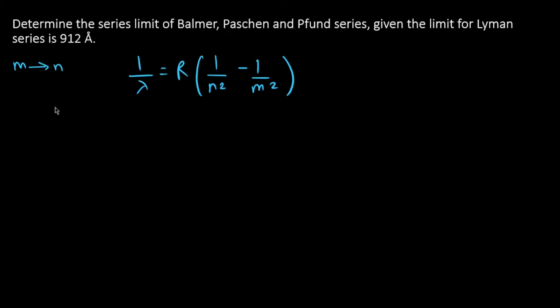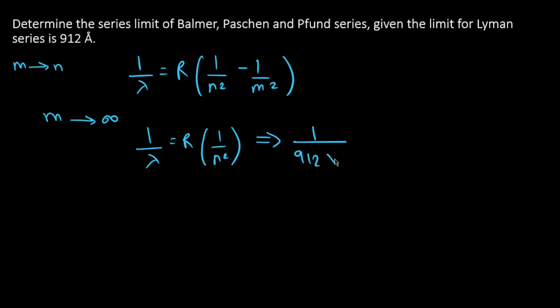In order to get the series limit, we need to put m as infinity. So the formula becomes 1 by lambda equal to R into 1 by n square. For Lyman series, the series limit is given by 912 Angstrom. Therefore, 1 upon 912 into 10 raised to minus 10 meters will be equal to R into 1 upon 1 square, that is 1.